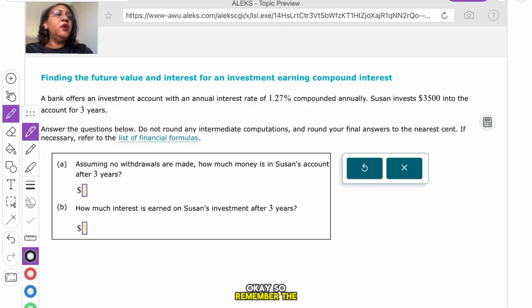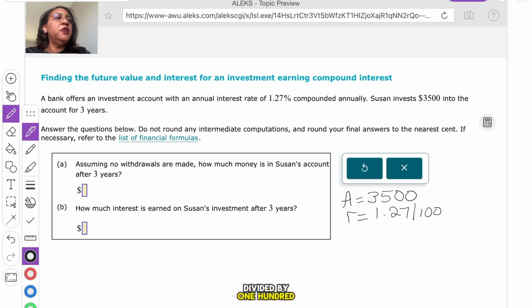Okay, so remember the chart that we made was the initial amount, which is 3,500. Then the rate is going to be 1.27 divided by 100, which gives us 0.0127.